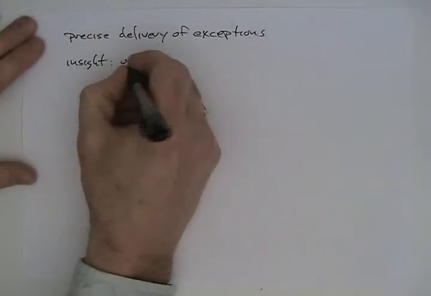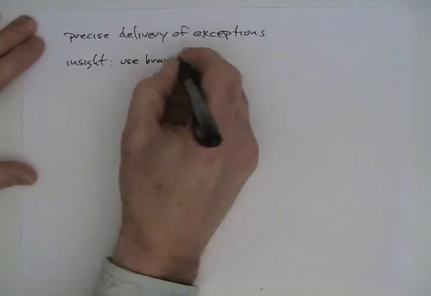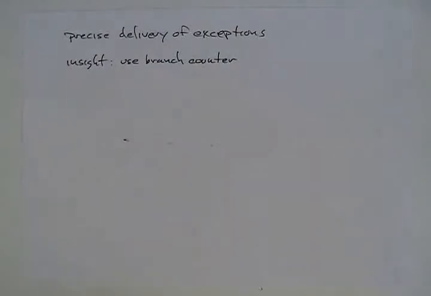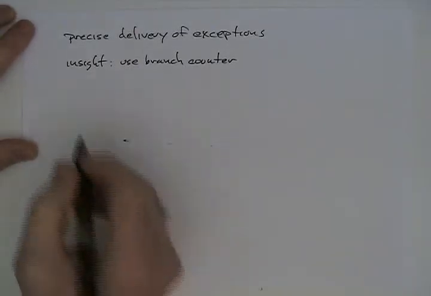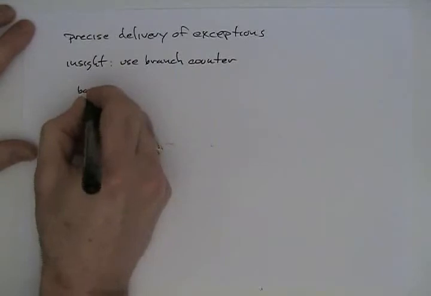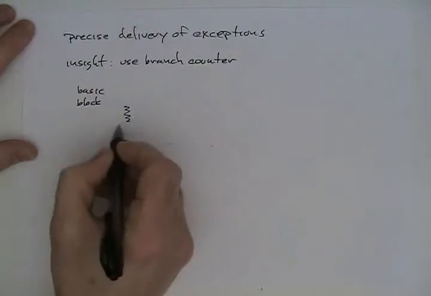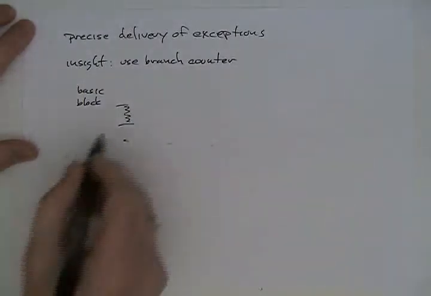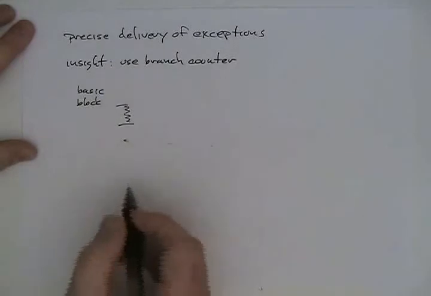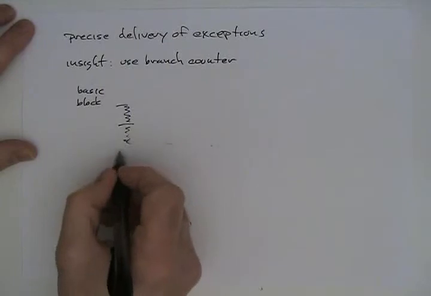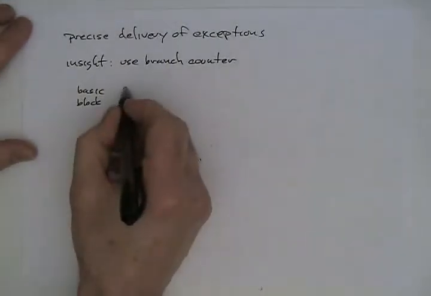In particular, we use the branch counter, because if you've had a compiler course, for instance, you're familiar with the idea of a basic block, where essentially a basic block is a sequence of instructions without jumps in the middle, and without any jumps into the middle of that block.